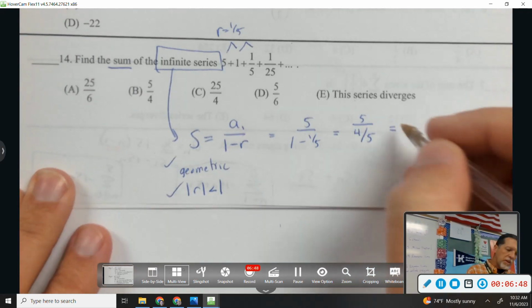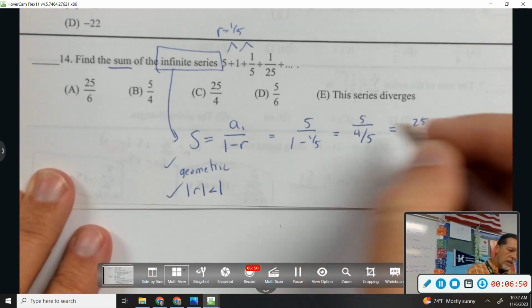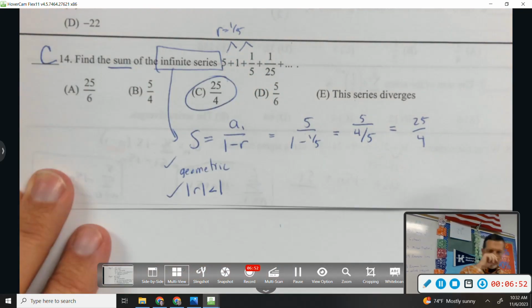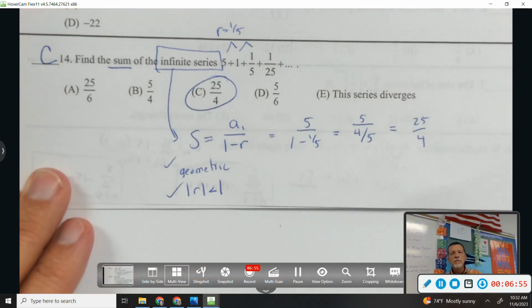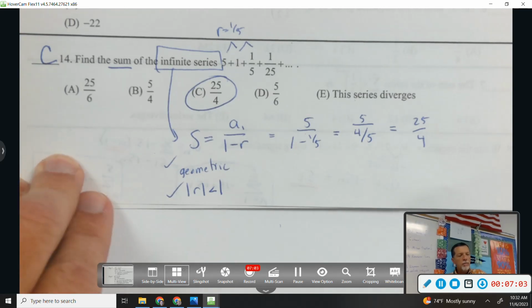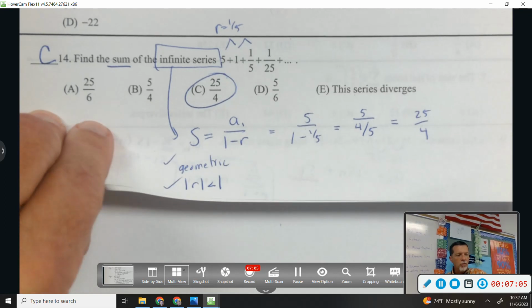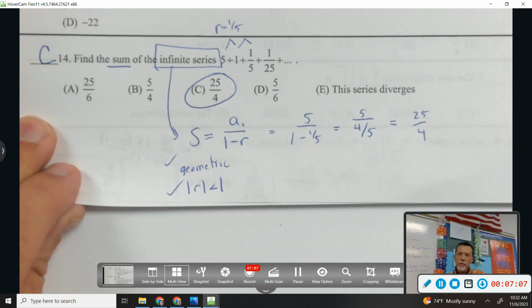Keep it, change it, flip it. It is 25 over 4. But be careful with that infinite sum formula. We are going to give you problems where we tempt you to use it when you're not supposed to use it.